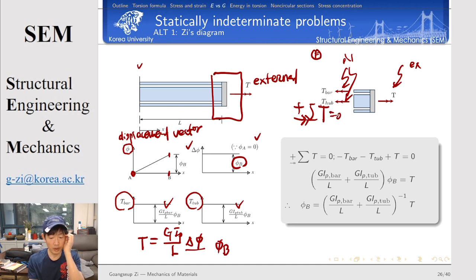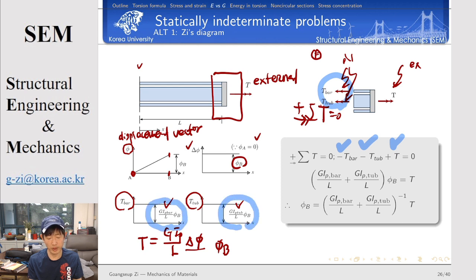Because these two guys are heading in the left-hand direction, that's why we have to use the minus sign here. And the external torsional moment has the plus sign. So let's plug in the torsional moment of the bar and the torsional moment of the tube into here individually. Then we can calculate the angle of twist at point B. Okay, that's how we calculate the result of the analysis.